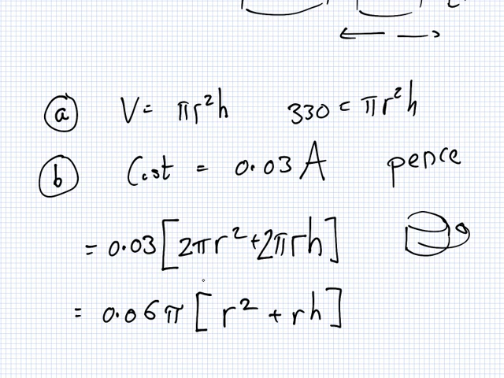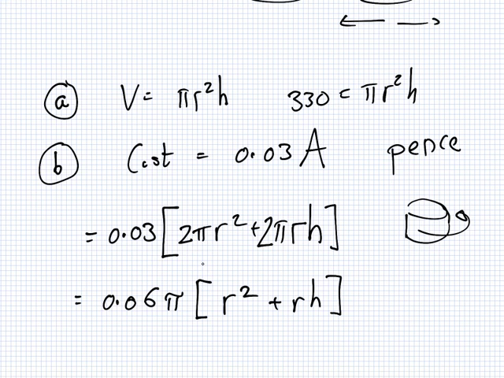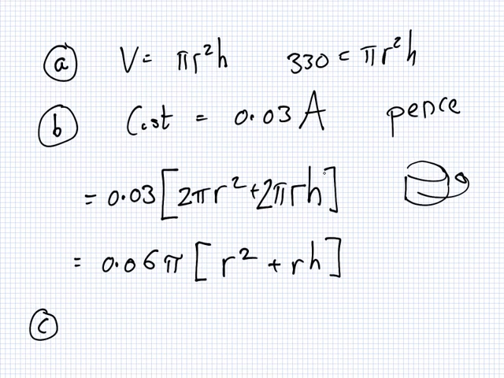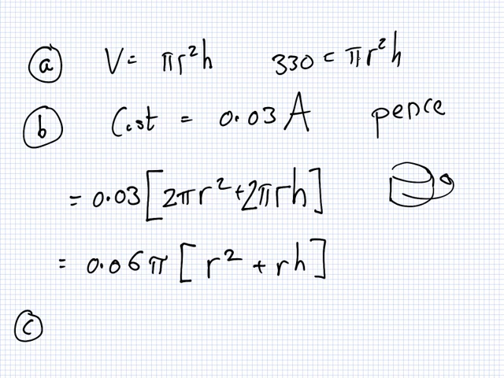C. What is the cost of the can in terms of r? Well, that just means here I should rearrange this, so it's h equals 330 over pi r squared. Then I can sub that in here, and I have the cost of the can using only the radius.